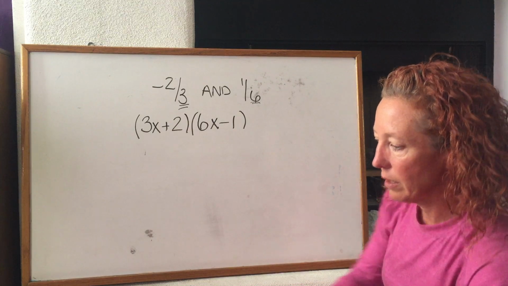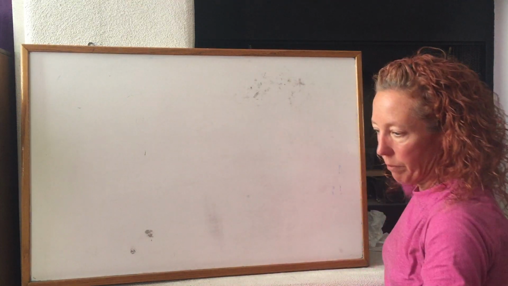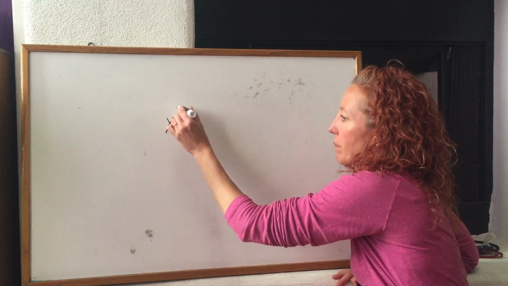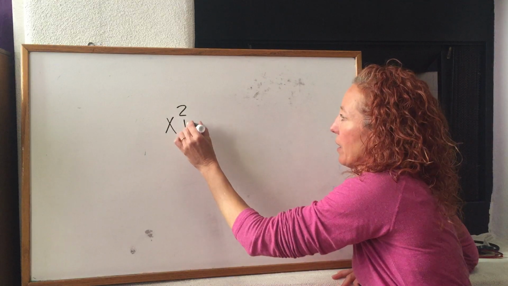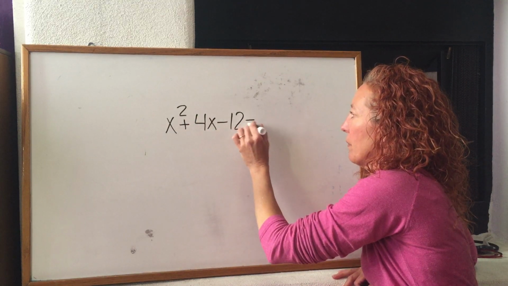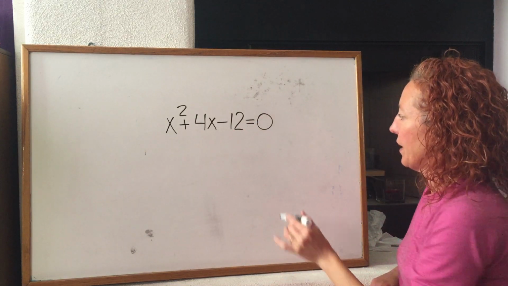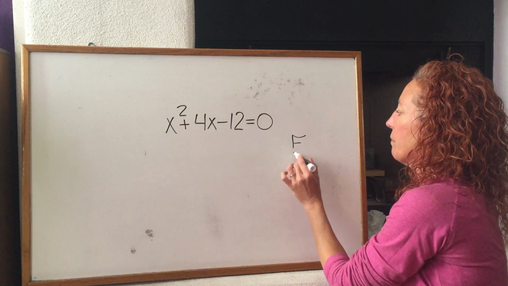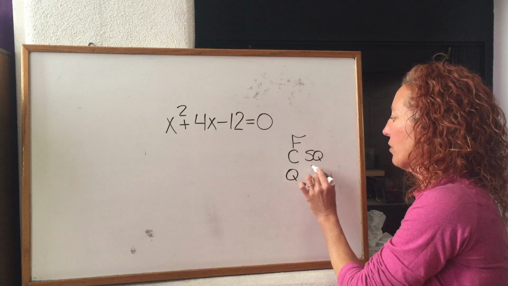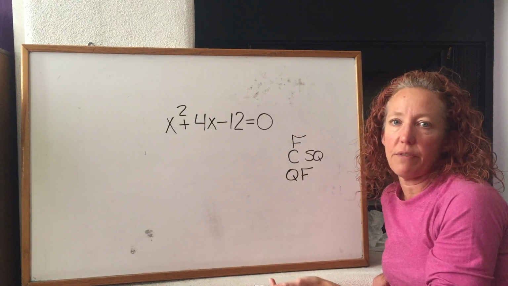All right. Solve by any method. So you may look at x squared plus 4x minus 12 equals 0. I mentioned this at the beginning of this video. You can factor it, you can complete the square, or you can use the quadratic formula. It's a little bit your choice. I do notice this factors.